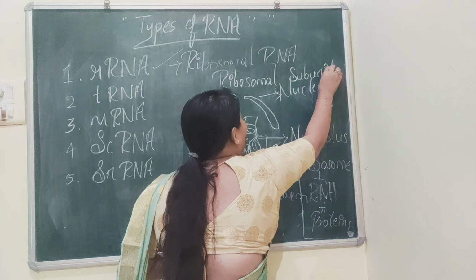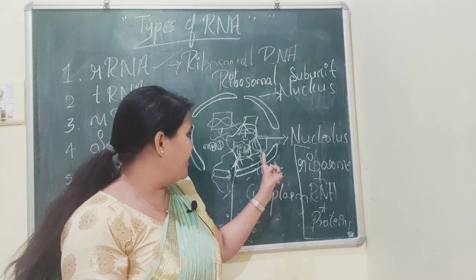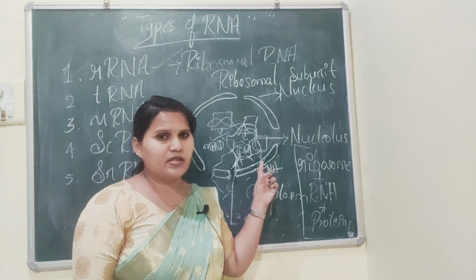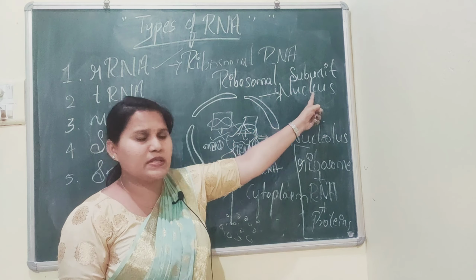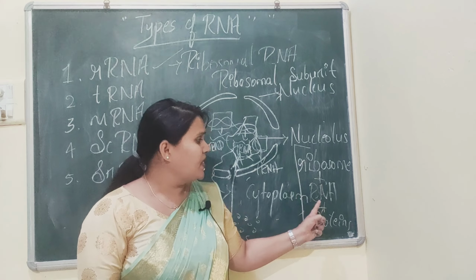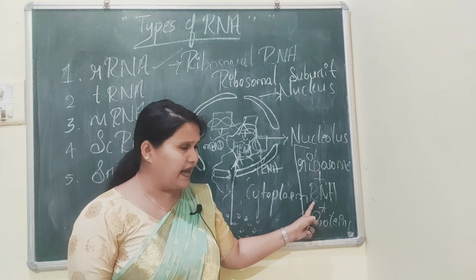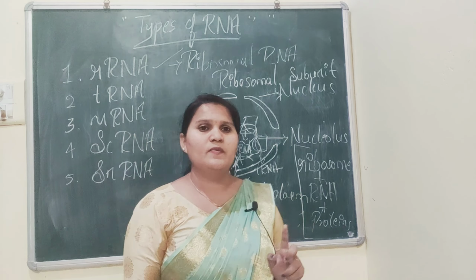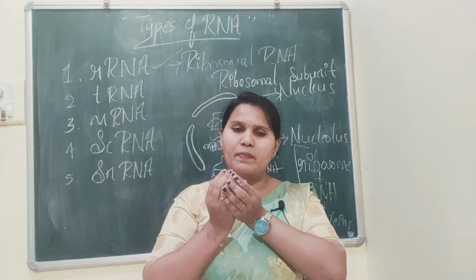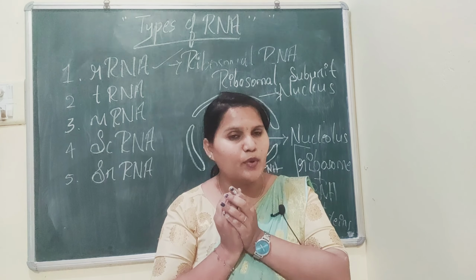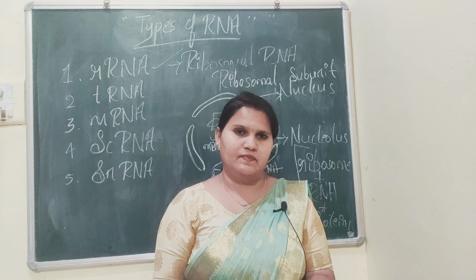So where is the ribosomal subunit formed? Obviously in the nucleus. How? The association of what will be there in this ribosomal subunit? The ribosomal RNA, that is rRNA here, and the proteins. So these subunits will form and they will form the complete structure, that is the ribosome.